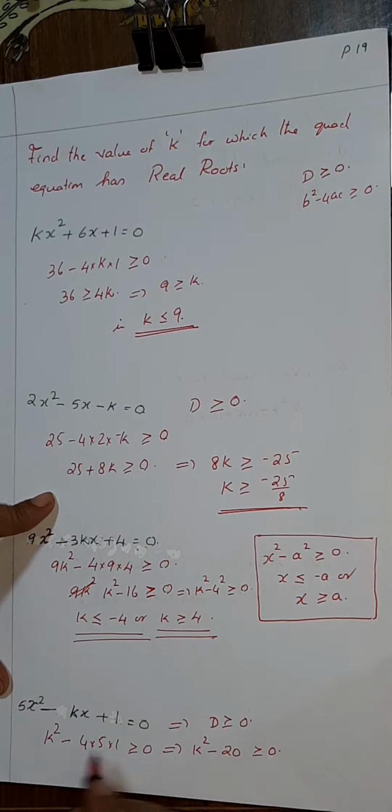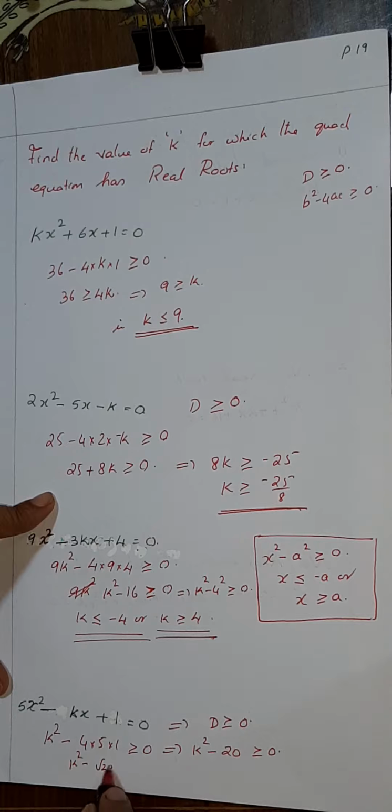So this can be written as k squared minus root 20 the whole squared is greater than or equal to 0. So same format. So k is less than or equal to minus root 20, or k is greater than or equal to root 20.